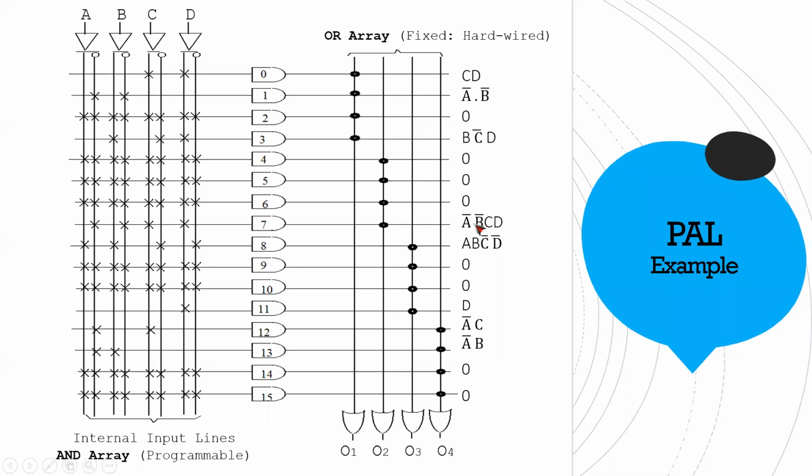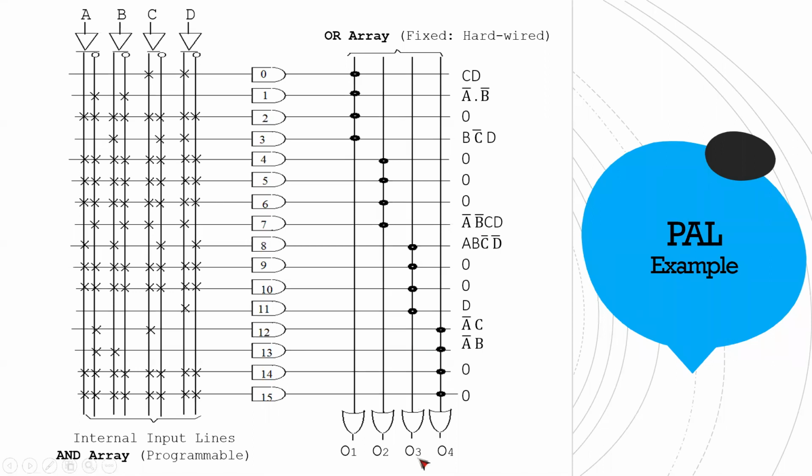I made it at the fourth one, doesn't matter. Here our expression was 0 plus 0 plus 0 plus A bar B bar C D. So your final result will be only A bar B bar C D. That's why 0s are there. If you add them, nothing will happen.